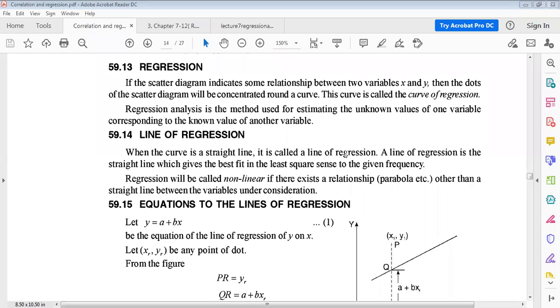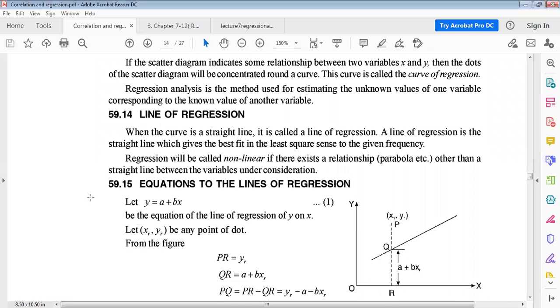A line of regression is the straight line which gives the best fit in the least square method. Again, regression will be called non-linear if there exists a relationship of parabola type or hyperbola type, or any curve other than a straight line between the variables under consideration.